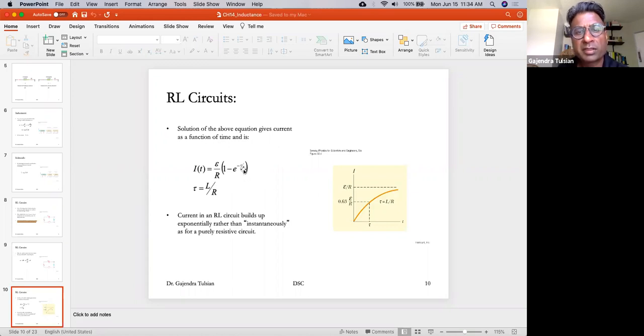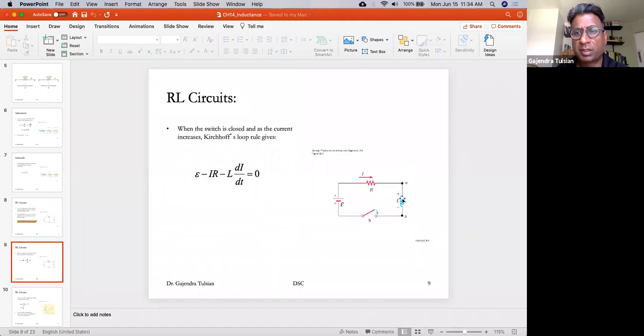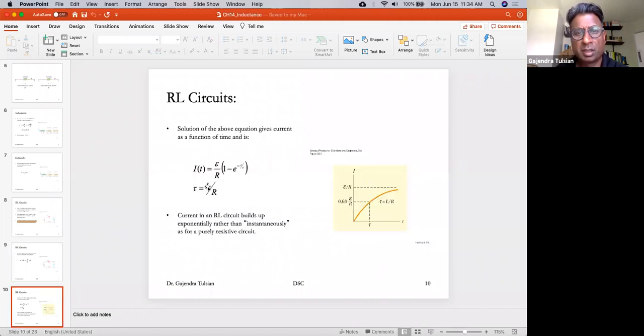Tau, that's the time over which things change, is called the time constant, and that's equal to L by R, the inductance divided by the resistance. So the smaller the resistance compared to the inductor, the greater the time constant. So if you want things to change much more slowly, you want to have a low resistance and a high inductance.